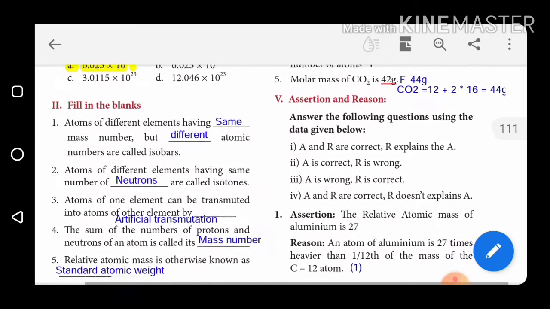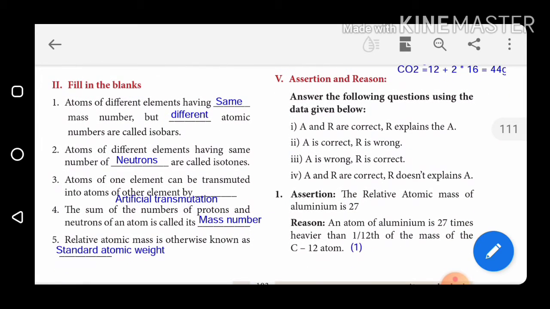Second Roman letter, fill in the blanks. First one, atoms of different elements have dash mass number but dash atomic numbers are called isobars. Same mass number but different atomic numbers. Second one, atoms of different elements having same number of dash are called isotones, that is neutrons.